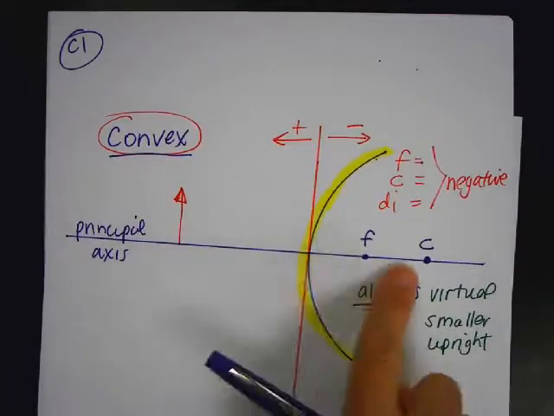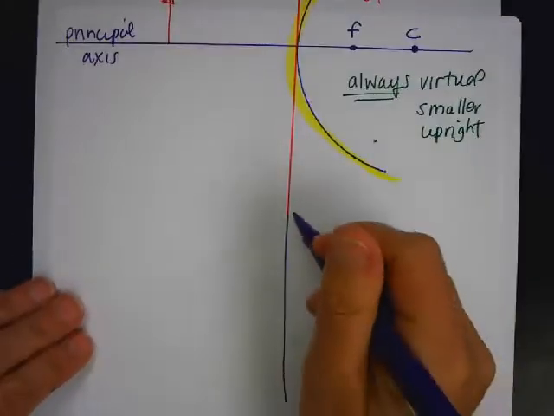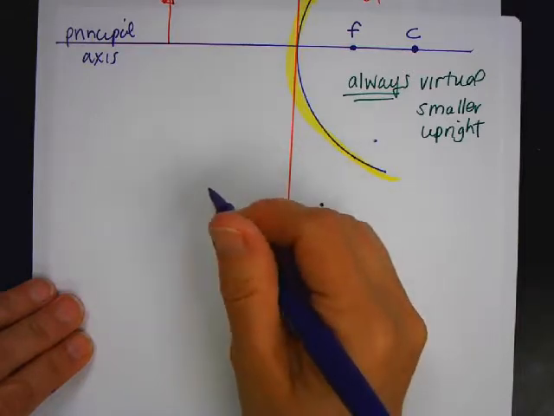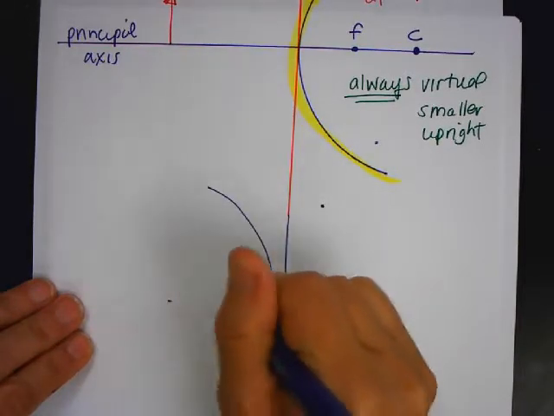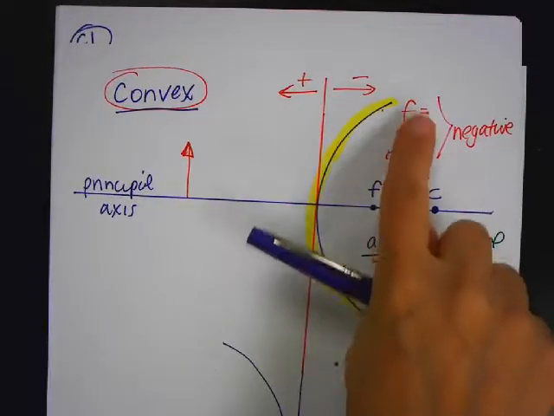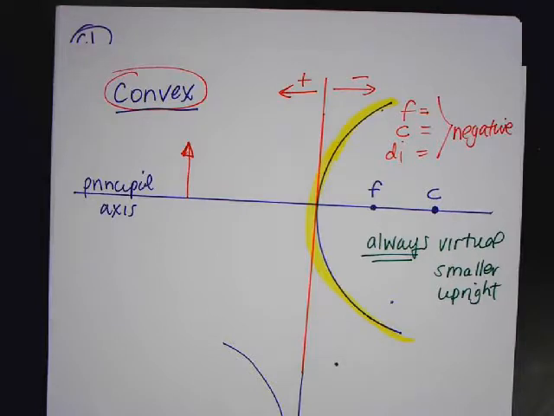Again, one last time, our frame of reference is different because yesterday it was concave and it went this way, and then C and F were on this side. So in your given, F, C, and DI are going to be negative. That's the key with convex.